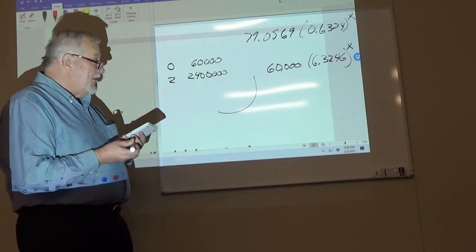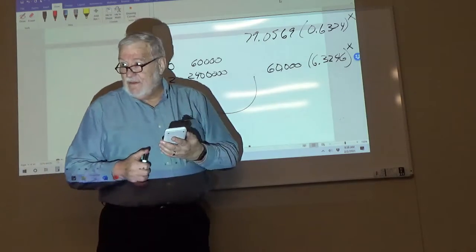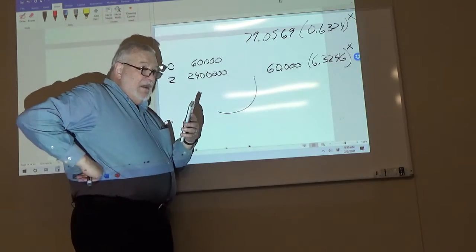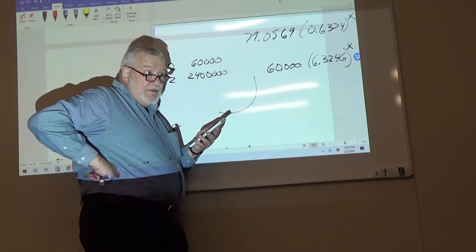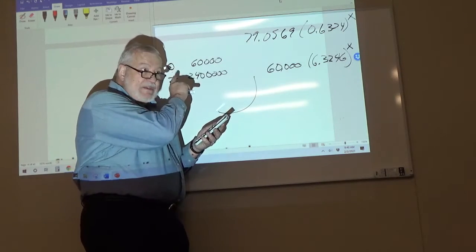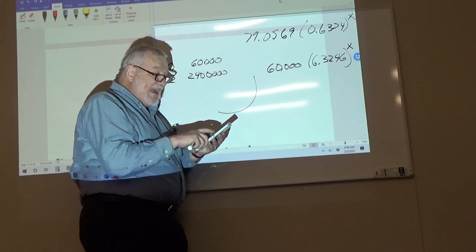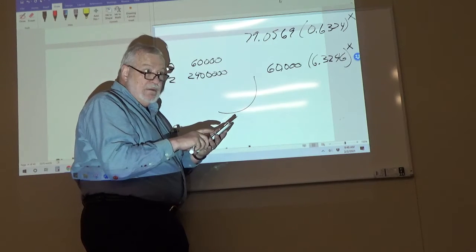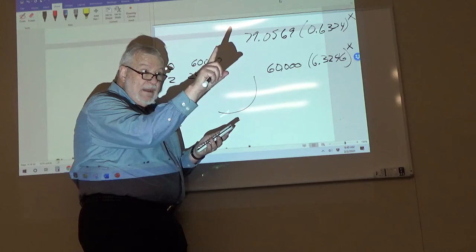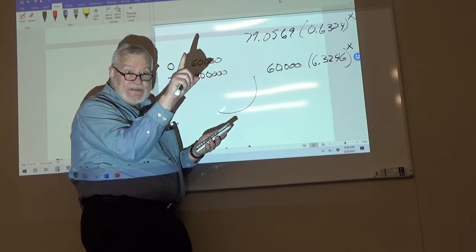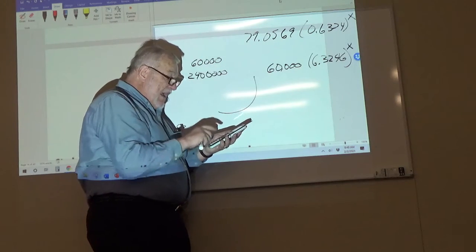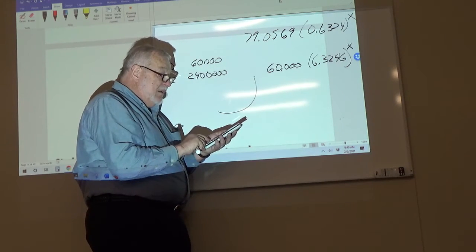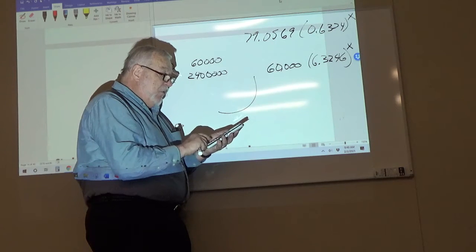All right, there are 2 ways to find how many in 4 years. Because we have this in, we can do second calc 1, and we can put in the value for x. So go to second calc 1 and change the x to 4.